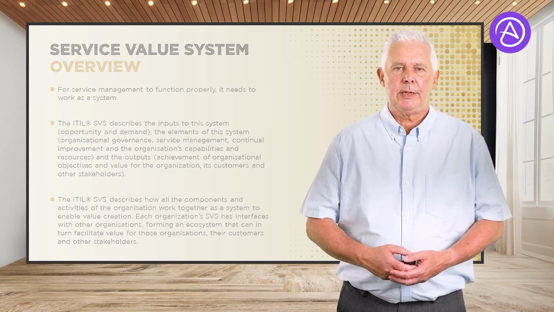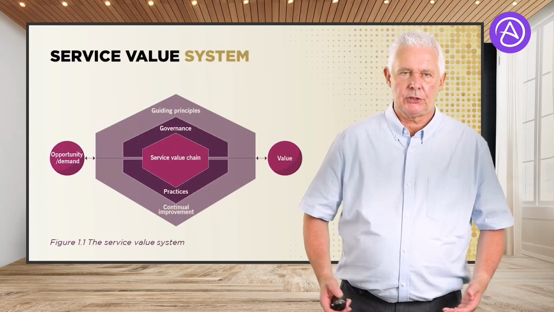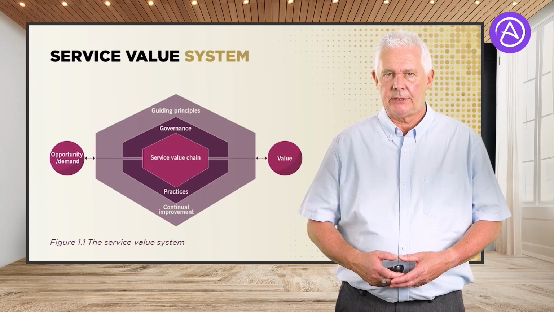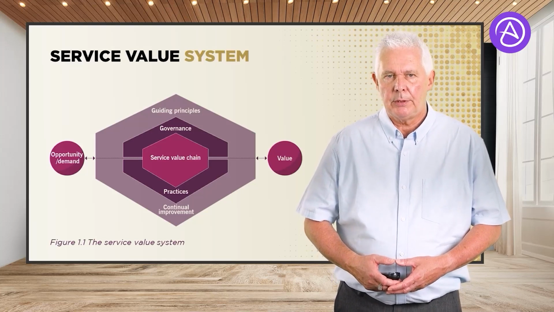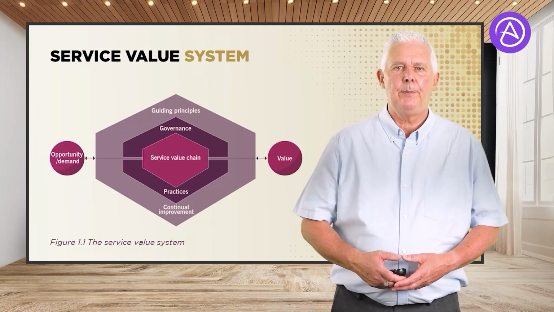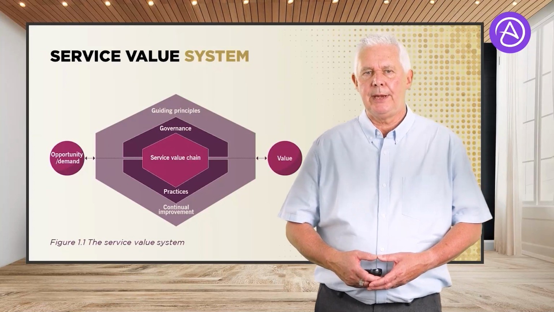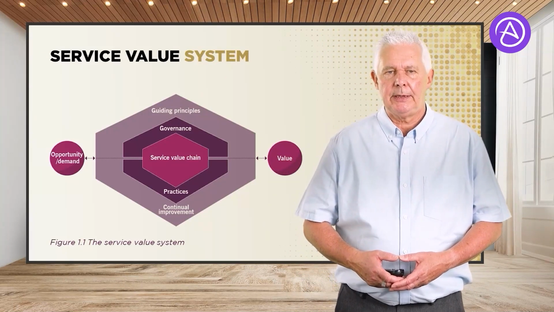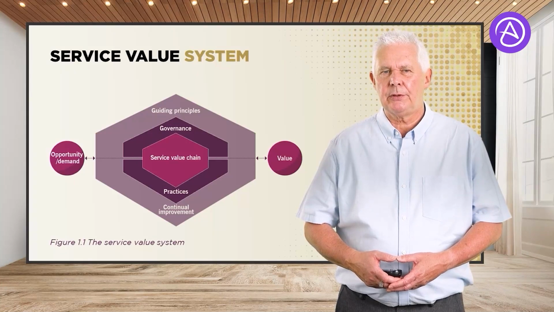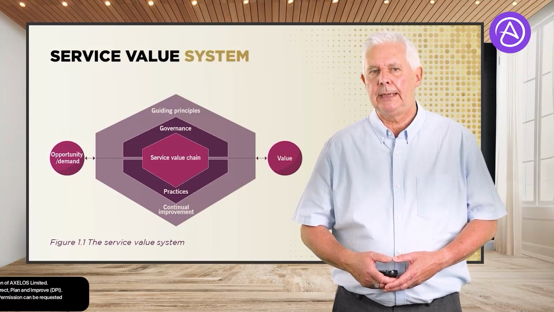Okay, so here is the graphic, the illustration of the Service Value System, the SVS. We'll look briefly at the key components, and we'll look at the input and the output. Probably easy to do the input and the outputs first. So when we look at inputs to the service value system, we have opportunity and demand.